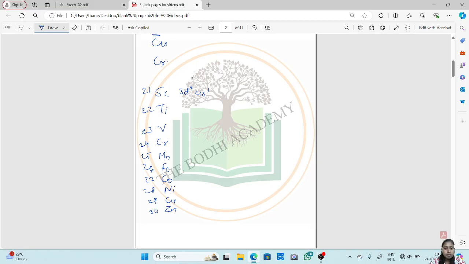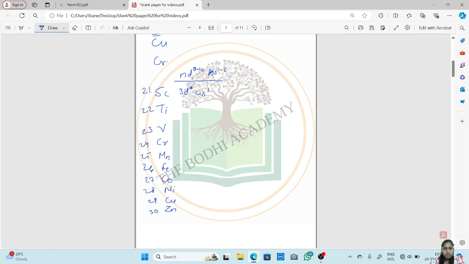Now the electrons are filled in the manner nd 1 to 10, not 0 to 10, and 4s 1 to 2. Okay, this is the general pattern.